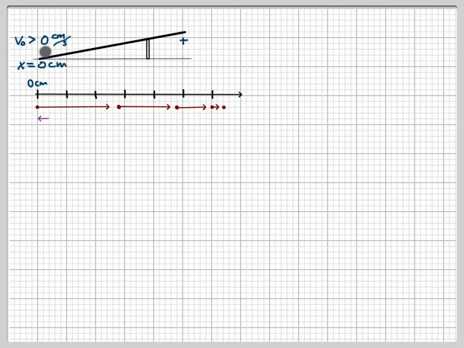And so I'm showing in the first time interval an acceleration pointing in the negative direction. It's causing the object to slow down. This is constant acceleration, so the acceleration in each time interval will be the same magnitude, all of them pointing in the negative direction.